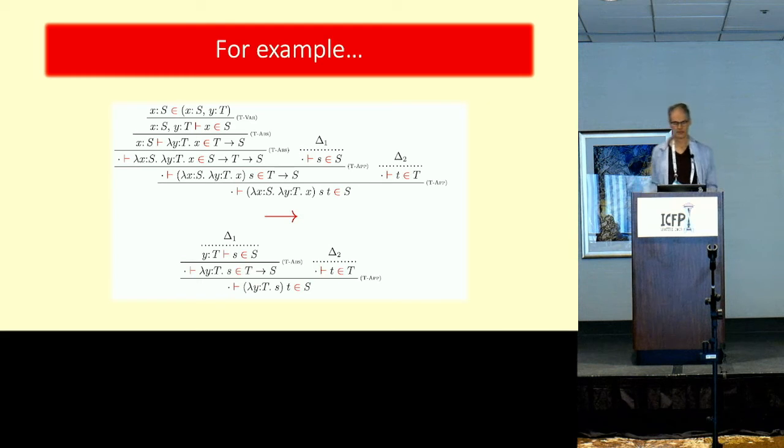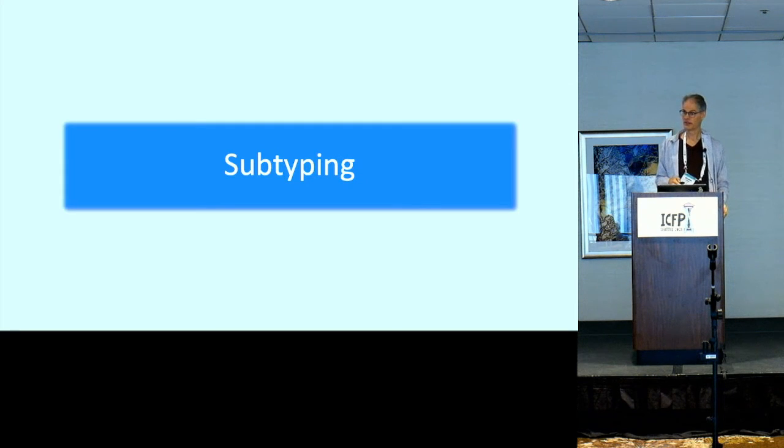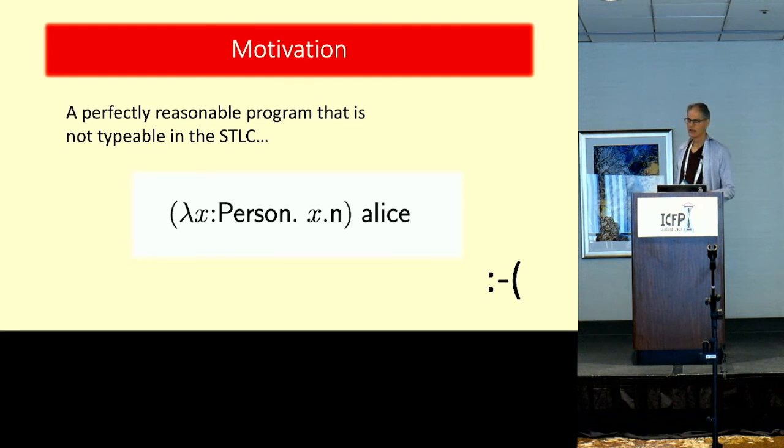But since you're not asking questions, let's go on and talk about subtyping. So how does all of this work out when you're talking about subtyping? First of all, what is subtyping? Subtyping is conceptually a very simple idea. It starts from the observation that there are lots of programs in the simply typed lambda calculus that feel like they ought to be typed. They're perfectly well behaved, but they're not well typed.